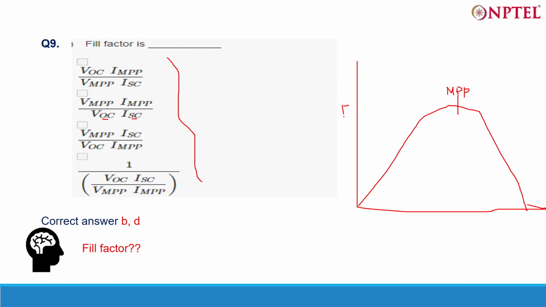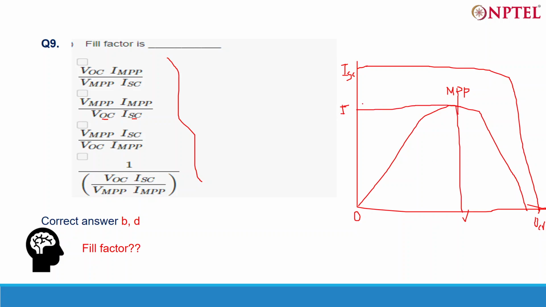This is current, this is voltage. At some point there will be ISC, the short circuit current, and this will be the open circuit voltage, VOC. So this is IMPP and this is VMPP: current at maximum power point, voltage at maximum power point.